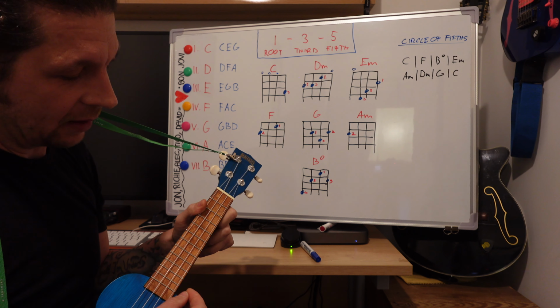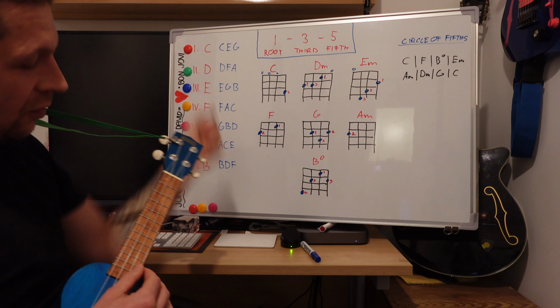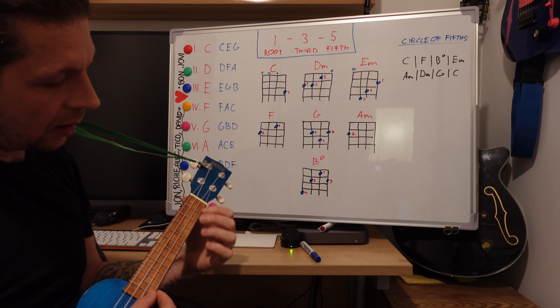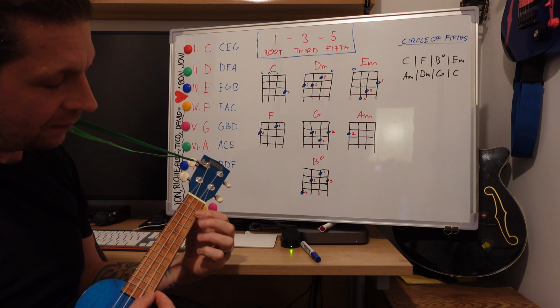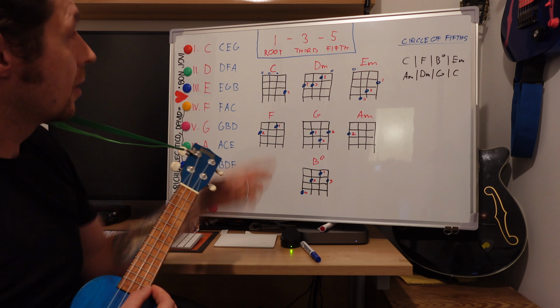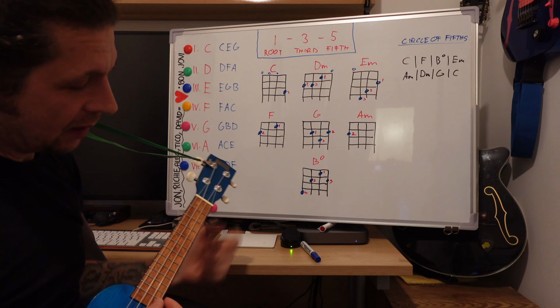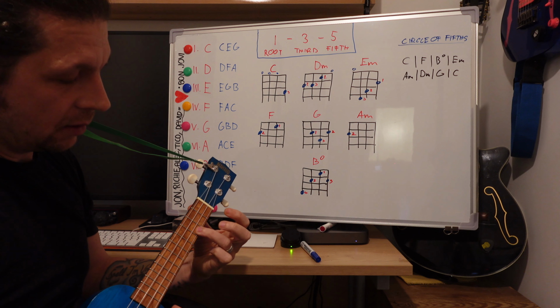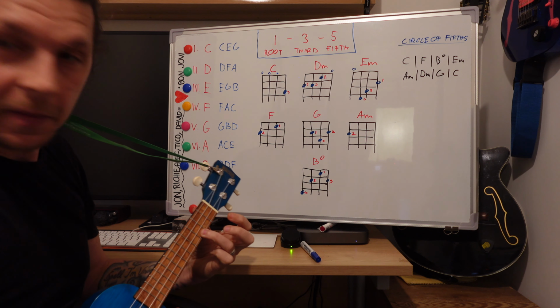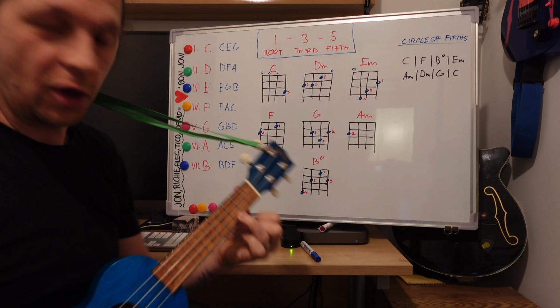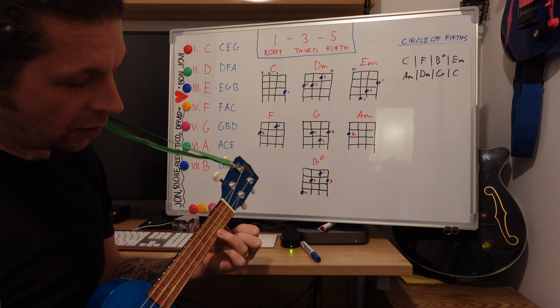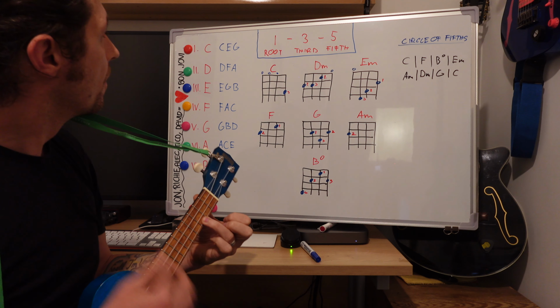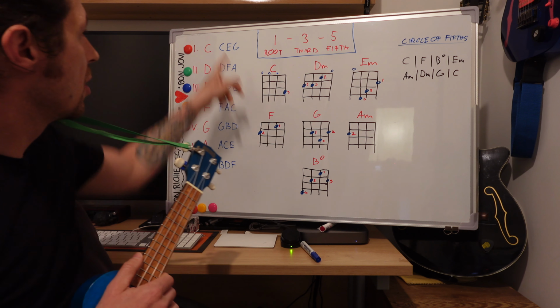This is the A string, and A is not part of the C major chord, so I'm going to climb up on the frets and find the first available chord note. This is A sharp, B, C. Okay, so I have a C now. This is going to be our first chord shape. It's open, open, open, 3. And that's a C major chord.